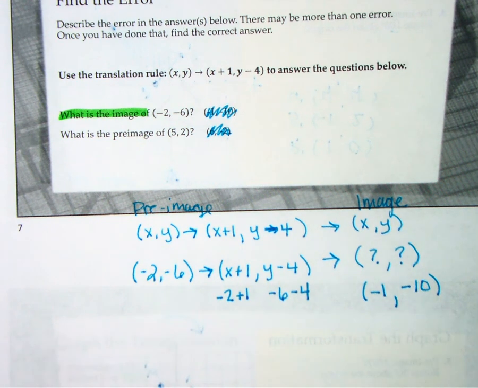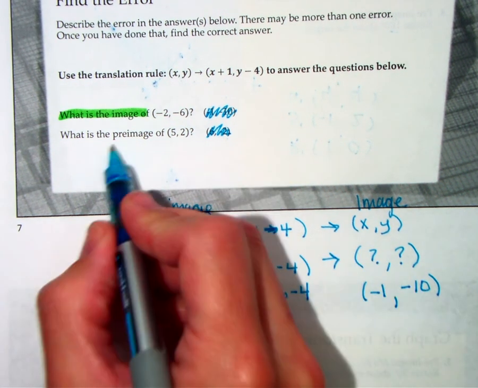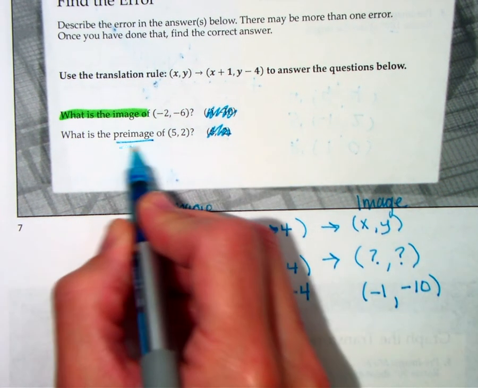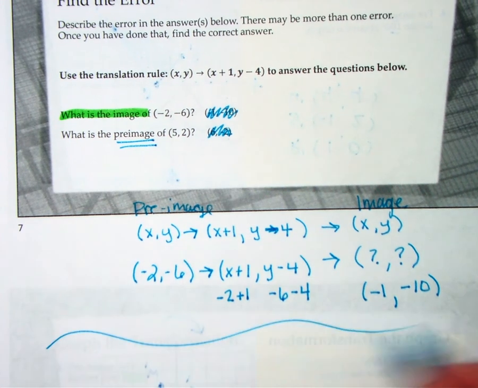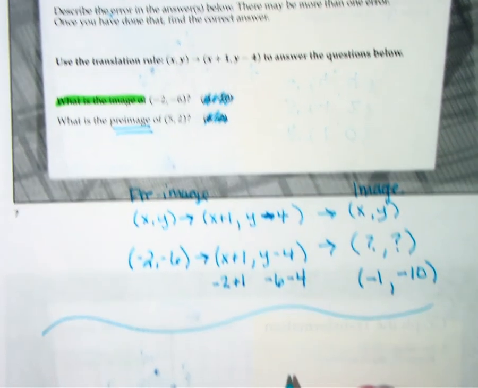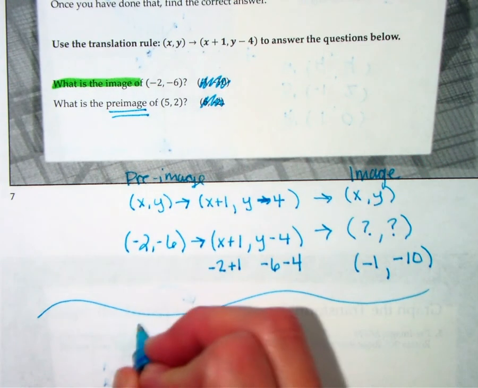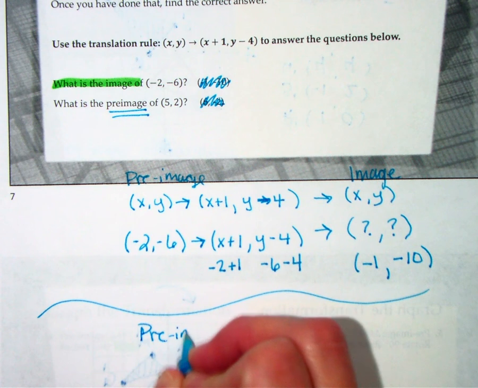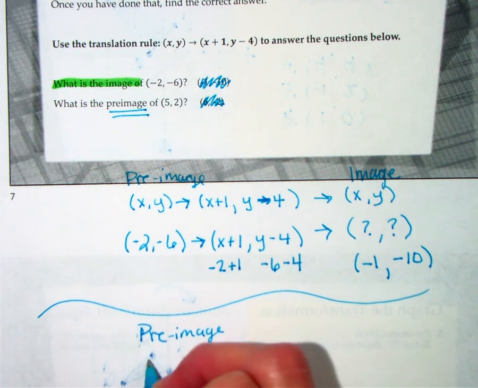That's the first one. The second one says, and it's very important that you read this, what is the pre-image? Okay, so same thing, using that same rule. My pre-image is on the front end.